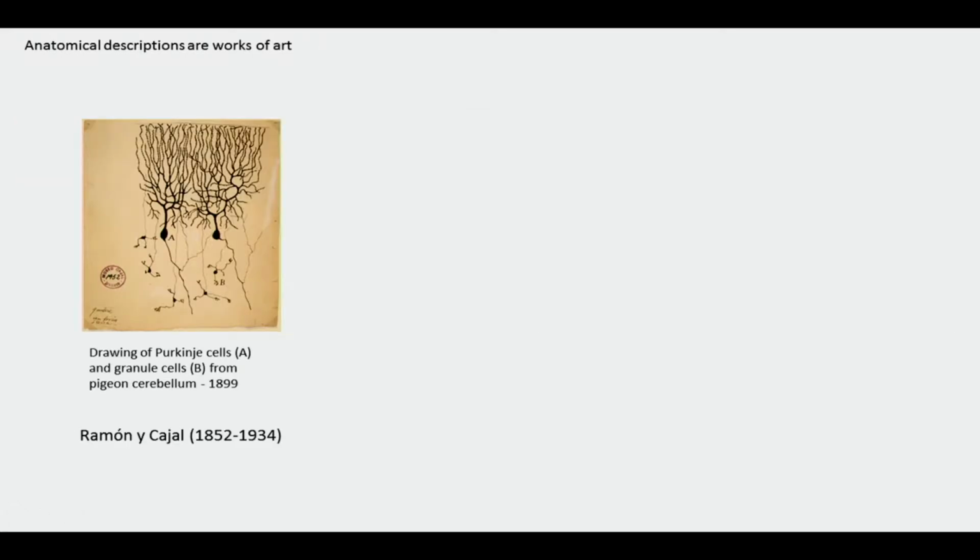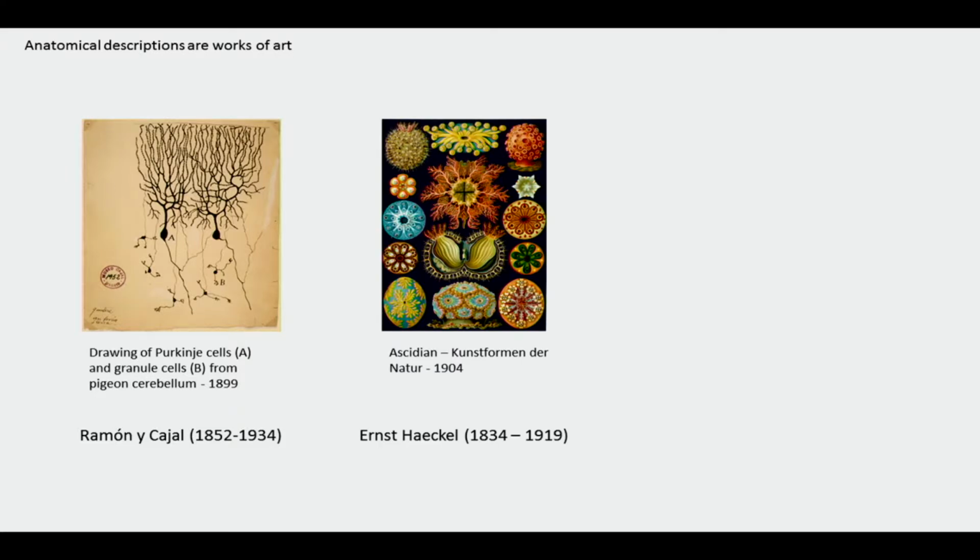We discussed it a lot this morning, but anatomical descriptions are works of art. This is an old drawing by Ramon y Cajal of neurons, which is still a powerful way of engaging people in scientific work. His drawings have recently been published again in a book. This other one is by Ernst Haeckel.